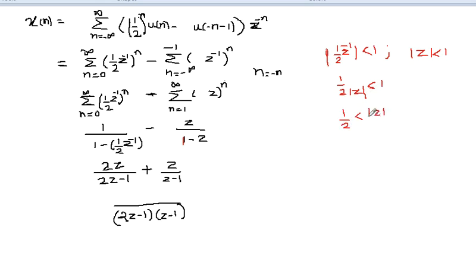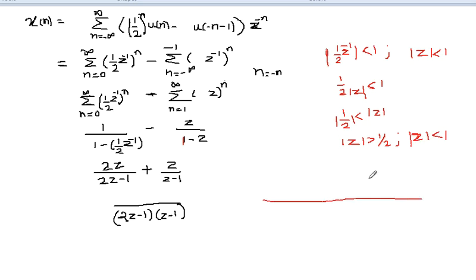So z is greater than 1 by 2, and even another condition is when z is less than 1. When z is less than 1, the ROC has to be in what way?